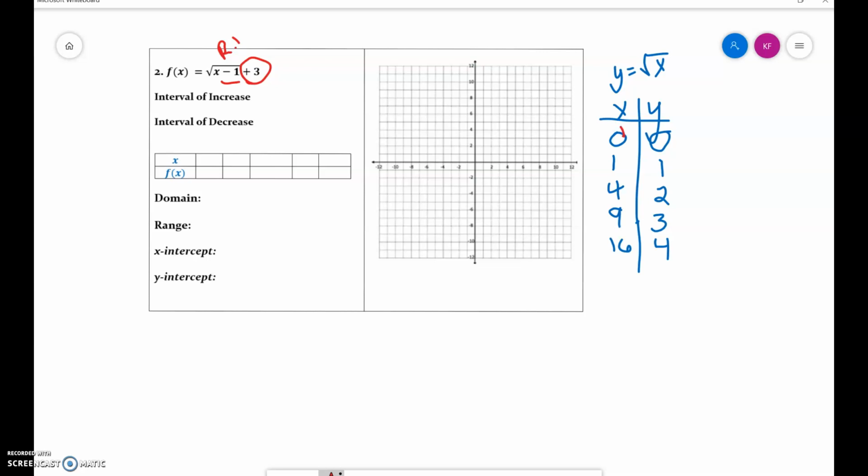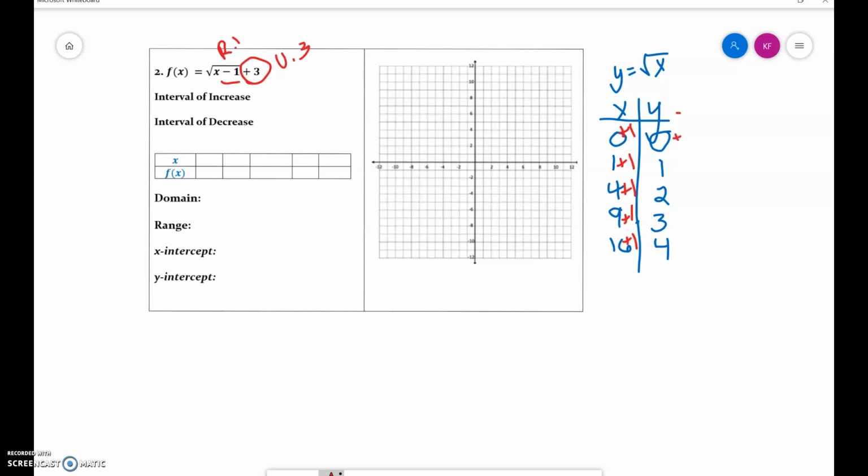So I am going to change all of these x values by adding 1 to them to show that they are shifting right 1. And then for my y values, because of the plus 3, that's a vertical shift. And the verticals go the direction that you would think with the signs. So this is going to move us up 3.